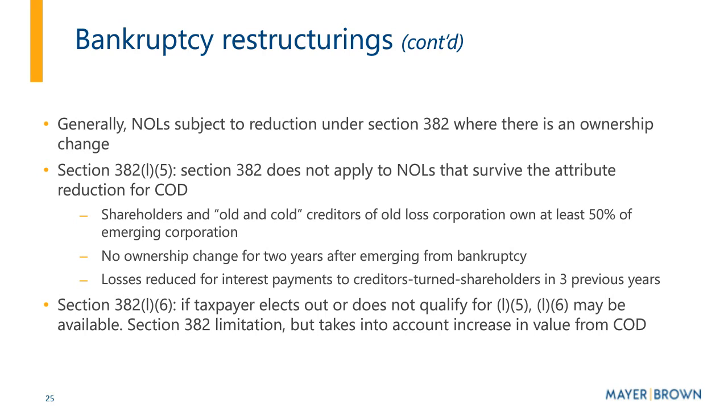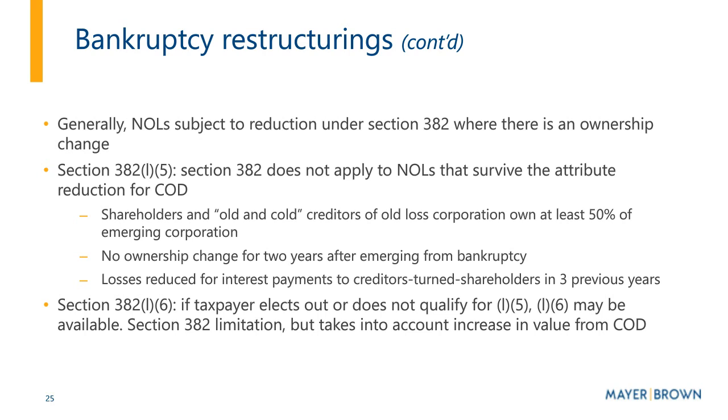382(l)(6) essentially doesn't make the ownership change go away. There's still an ownership change. It's just that the methodology through which you calculate how many of the NOLs are limited is changed in a way that you don't take into account the debt, and so you can increase the value of the company and you can increase the NOL limitation.